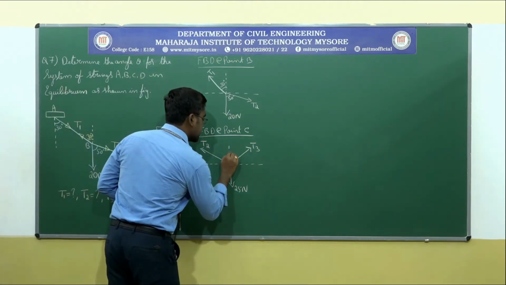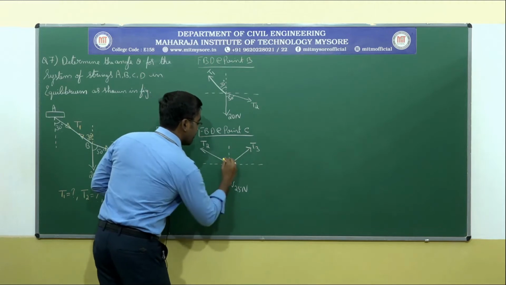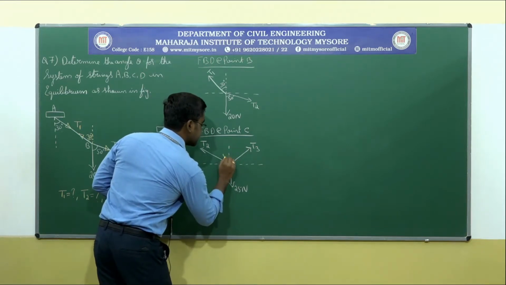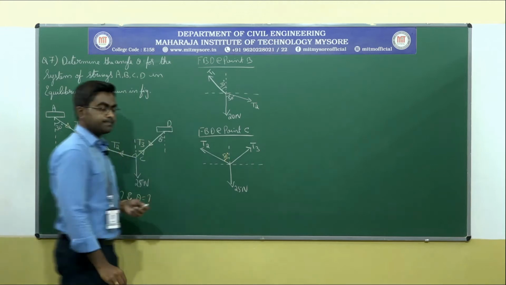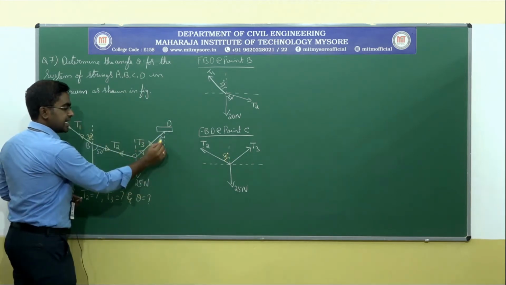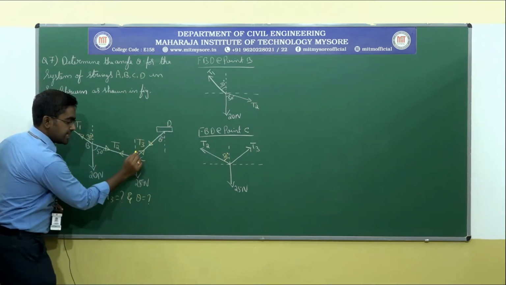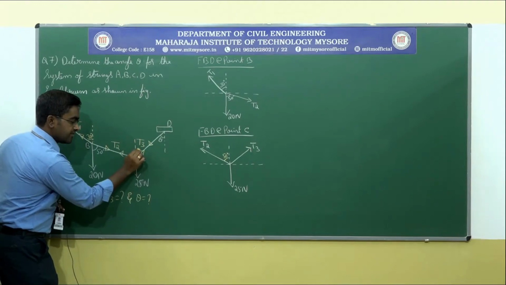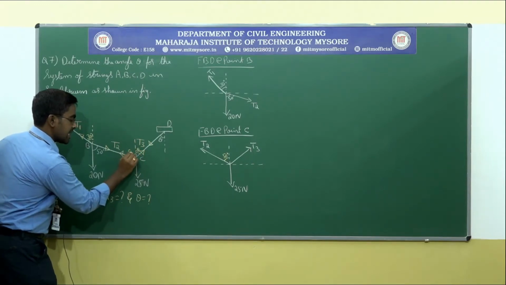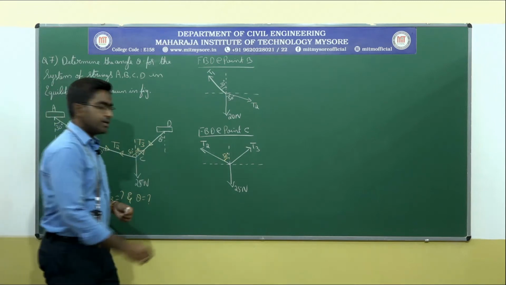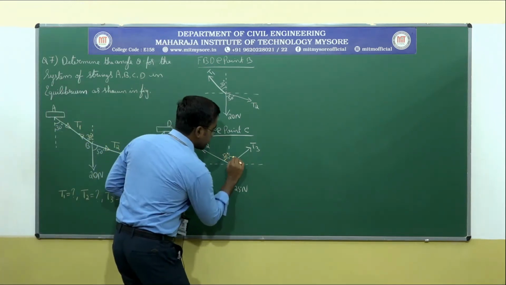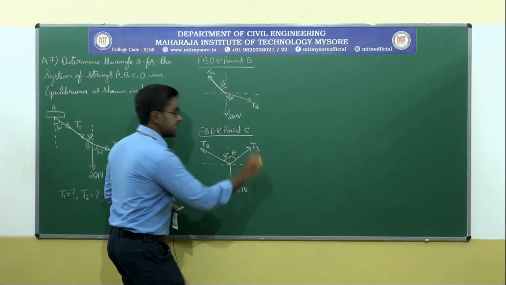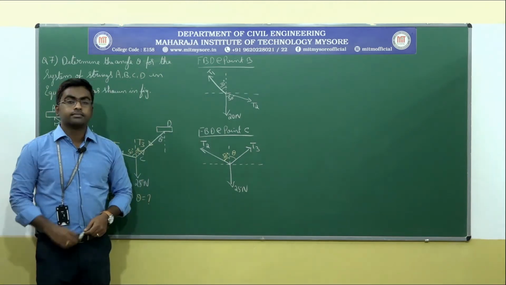That means this angle will be equal to 50 degrees. Now, if this angle is equal to theta, what should be this angle? This angle will be equal to theta, and this angle will be equal to 50 degrees. So now with respect to vertical, this angle is theta.